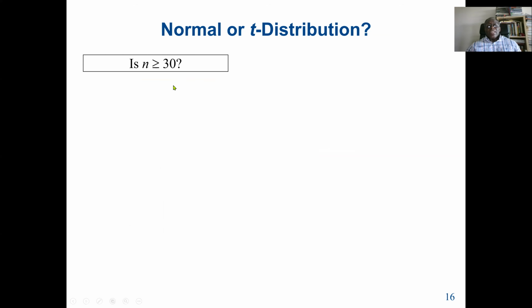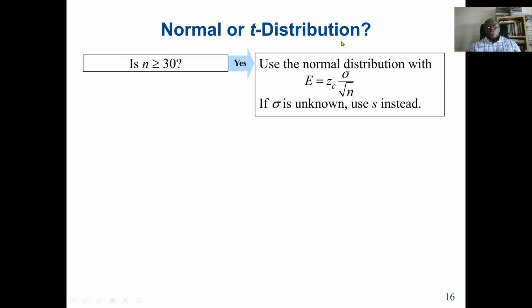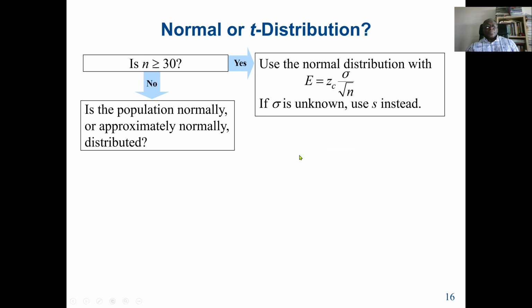So next, is n greater than or equal to 30? If yes, then we use the normal distribution with E equal to z_c times standard deviation over square root of n. Now, if no, we have one more question. Is the population normally or approximately normally distributed?